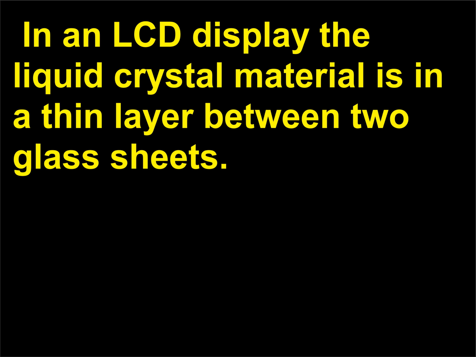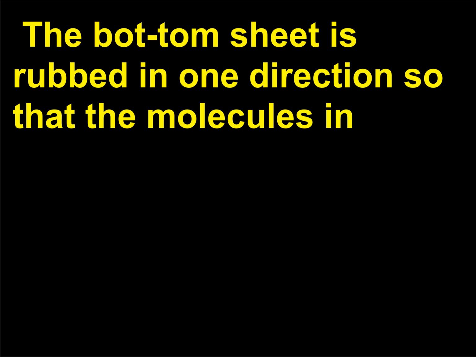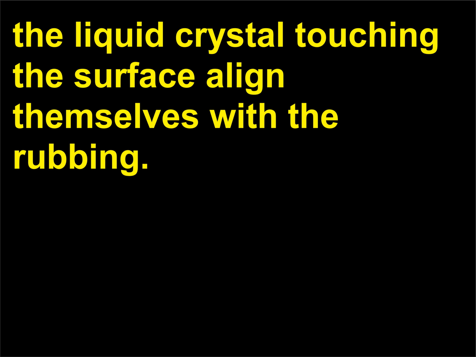In an LCD display, the liquid crystal material is in a thin layer between two glass sheets. The bottom sheet is rubbed in one direction so that the molecules in the liquid crystal touching the surface align themselves with the rubbing.